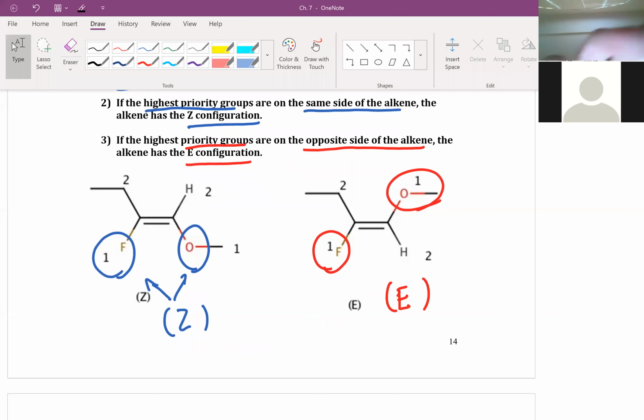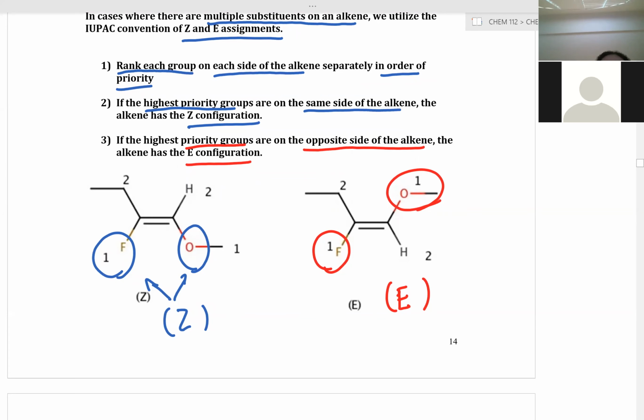Just for those who are curious, this motif here is known as an enolate derivative. And you'll see these a lot in upper division organic and in Chem 113.